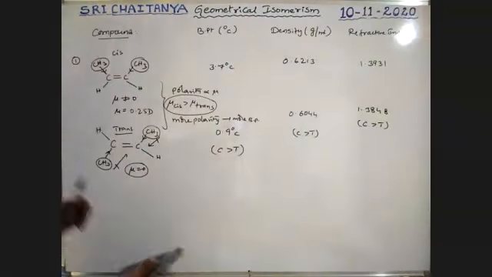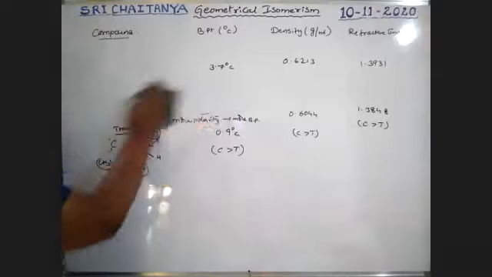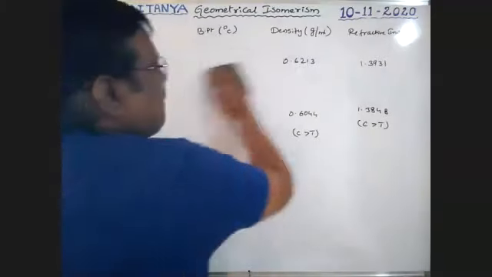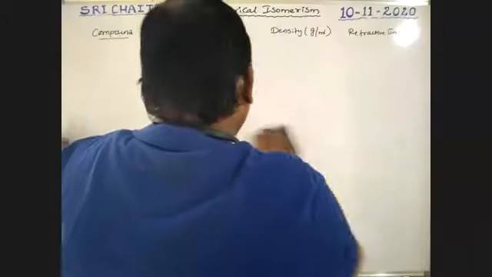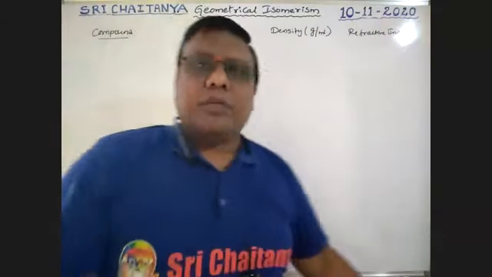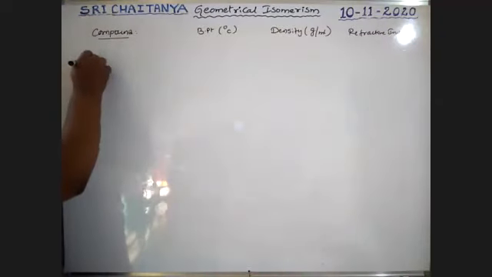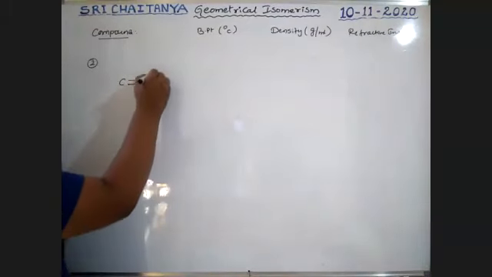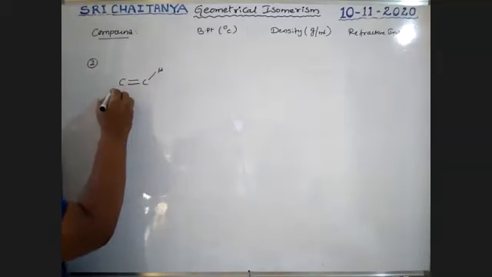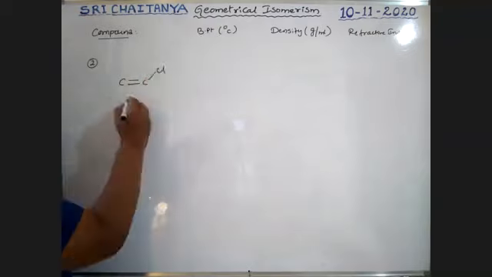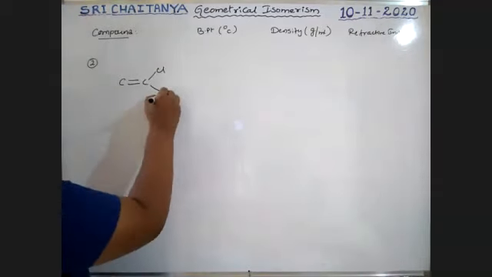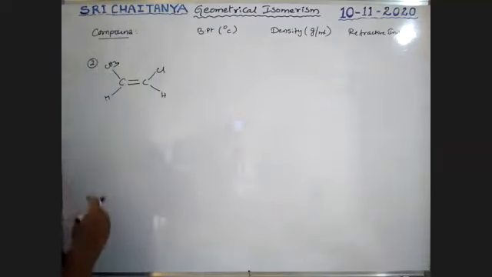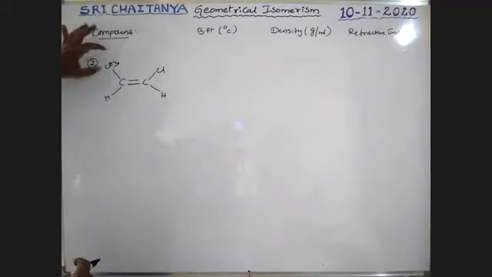Next, second compound. C double bond C. It is H, it is Cl, it is H, it is CH3. Just a minute, sorry.